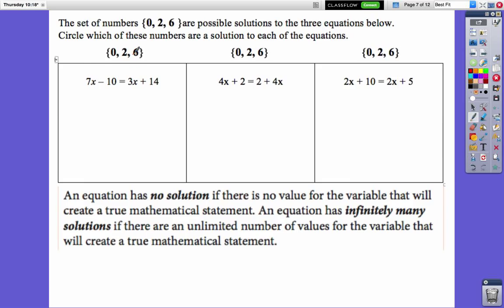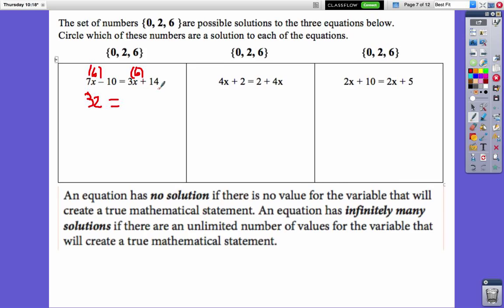Let's see, maybe 6 can be the solution. So 7 times 6, if we plug in 6 here, that's 42, so 42 minus 10 is 32. 32 is equal to, if we plug in 6 into here, that's 18, 18 plus 14.